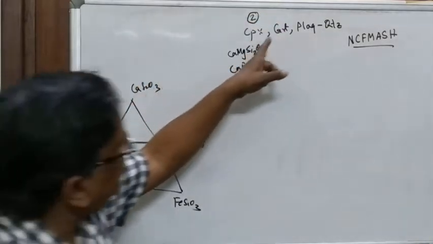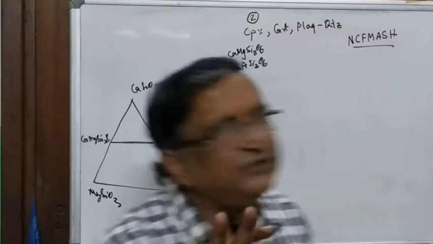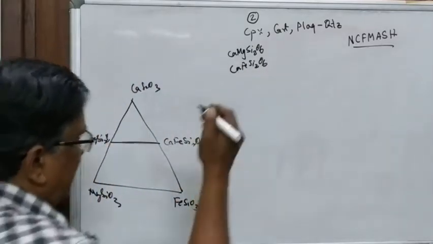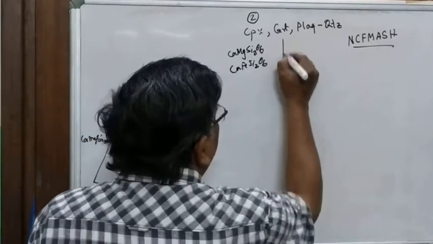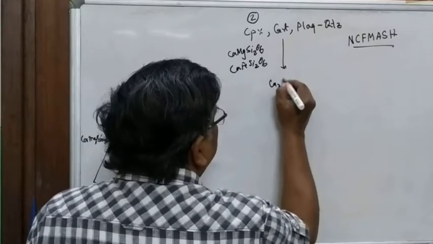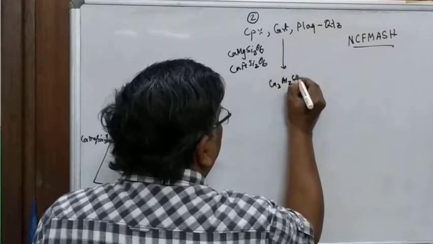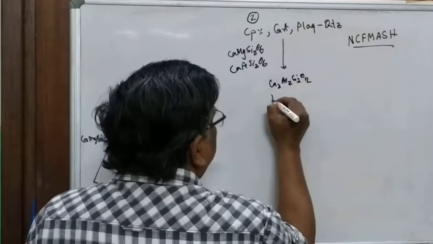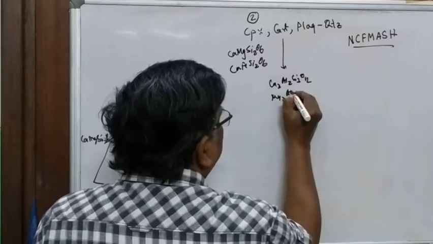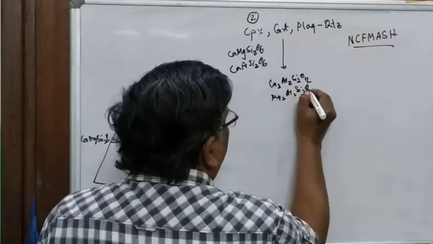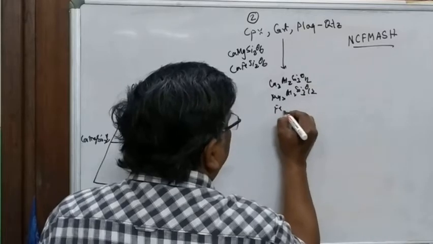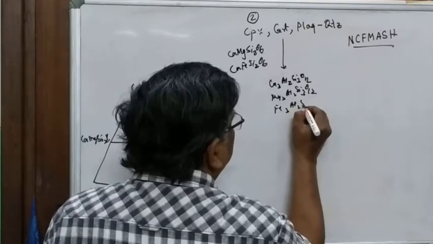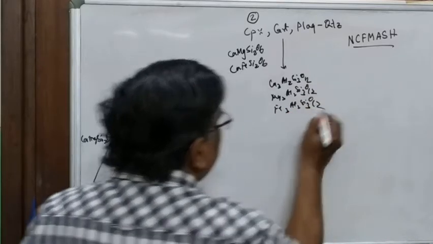Garnet here will have three phase components, as you know. So garnet will be Ca3Al2Si3O12, Mg3Al2Si3O12, and Fe3Al2Si3O12. Right?